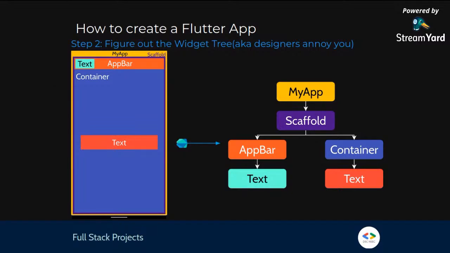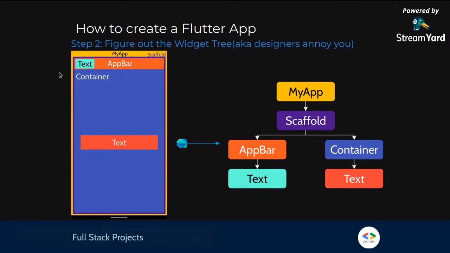These are all provided by the scaffold widget. Of these, we used only two for our app: the app bar and the body of the scaffold.